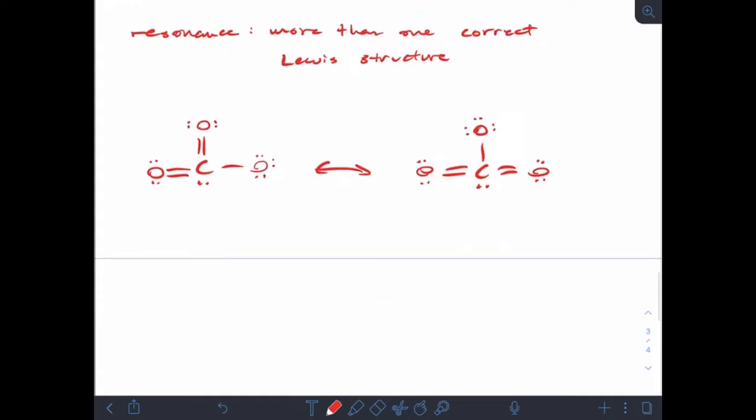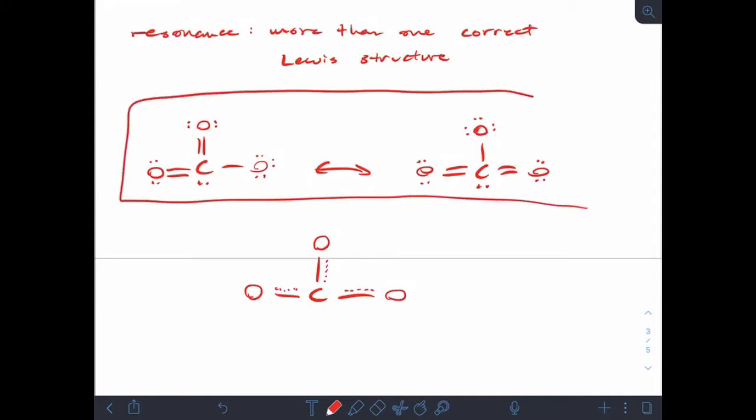The reality here is that each of those oxygens is sharing the extra couple of electrons. Okay, so instead of 2 double bonds and a single bond, the reality is that I have 3 1 1/3, 1 2/3 bonds, something like that. Okay, but when we're drawing Lewis structures, we stick to showing whole structures, no dotted lines.